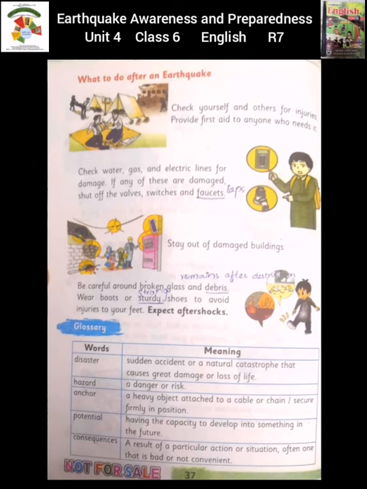While walking on the ground after an earthquake, there might be pieces of broken glass and pieces of broken stones that we call debris. So we must wear strong boots or shoes to protect our feet. After a large earthquake, we must expect small vibrations of the earth, which usually happen after a large earthquake. What are those aftershocks?